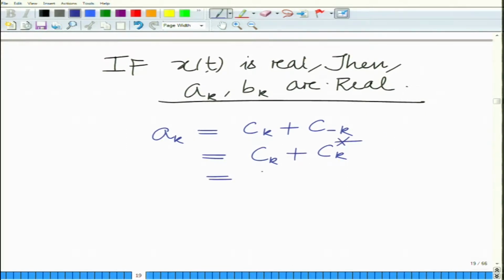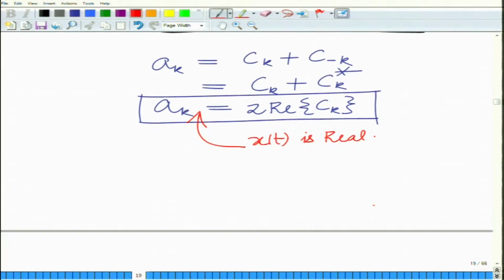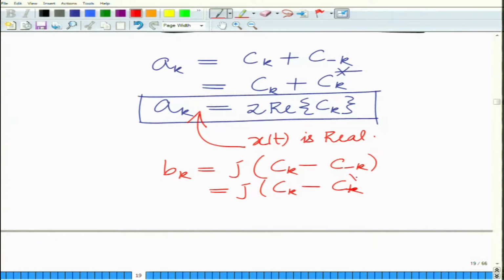So, ck plus ck conjugate is twice the real part of ck. But remember, this is only if xt is real. Now, in addition, bk equals j times ck minus c minus k, and remember c minus k is ck conjugate.